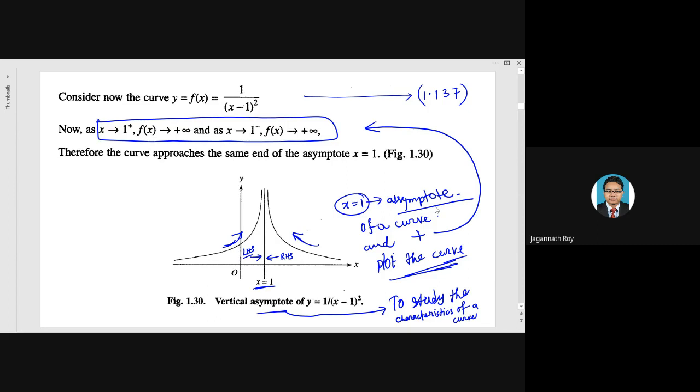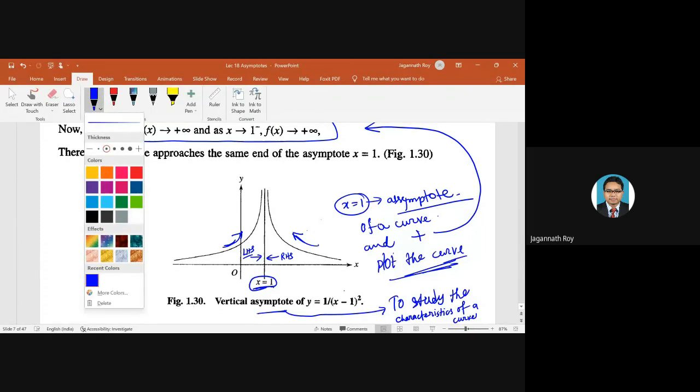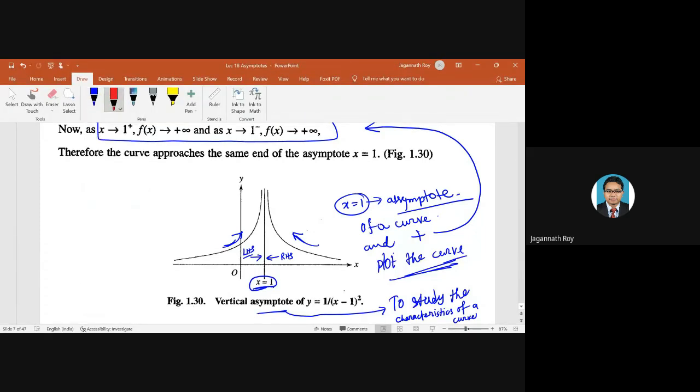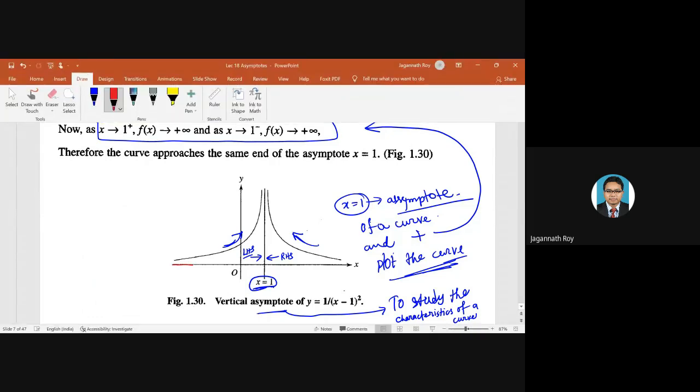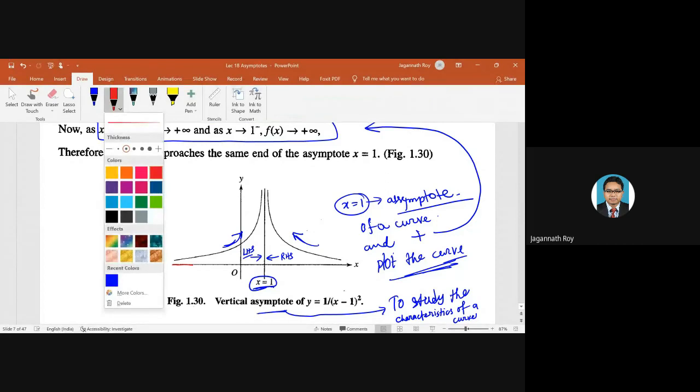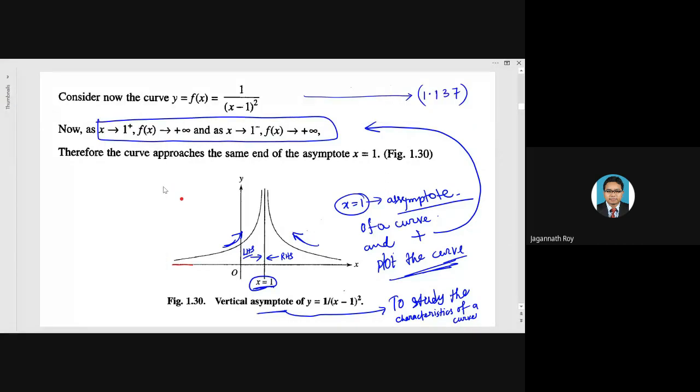Now you can see that x equals 1 is a vertical asymptote, but at the same time, if you take this horizontal line, what is it? y equals 0.